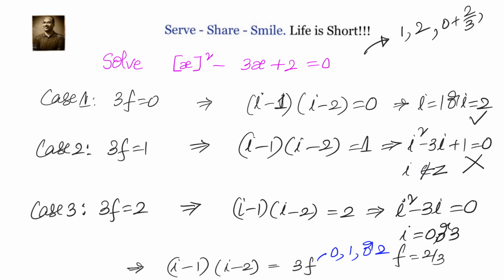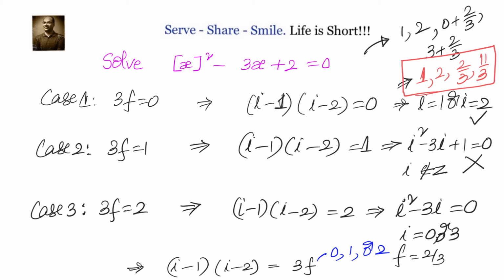So we got 4 values: 1, 2, 2 by 3, and 3 2 by 3, which is also equal to 11 by 3. So if we solve floor of x whole squared minus 3x plus 2 equals 0, the values of x are 1, 2, 2 by 3 and 11 by 3.